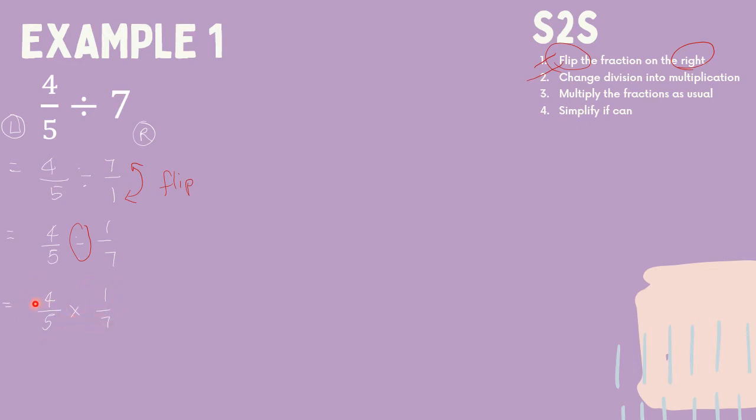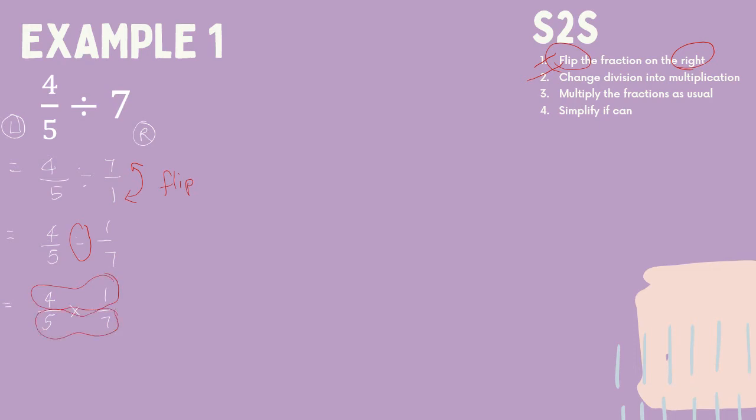Can you cancel 4 and 7? Do they have the same factor to divide them with? Or how about 5 and 1? Can you divide them by the same factor? If you can't, then you can use the normal method, which is just 4 times 1 and 5 times 7.